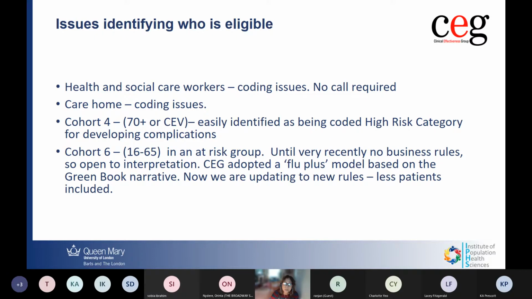Until very recently, there were no business rules to this, so it was open to interpretation, and CEG adopted a flu plus model based on the green narrative to identify these patients for call and recall. We've updated those searches to new rules because some business rules have in fact come out. So we've now used those new rules.